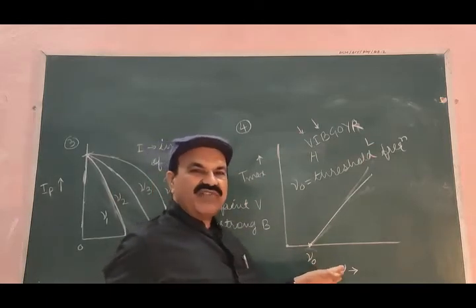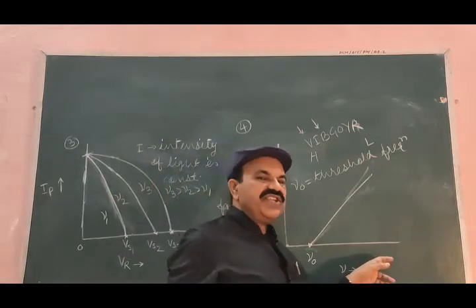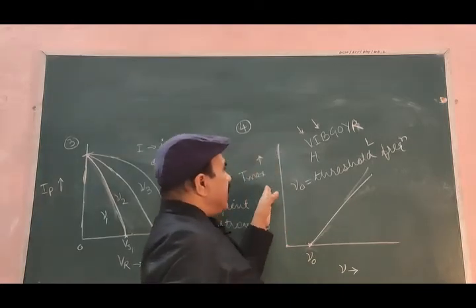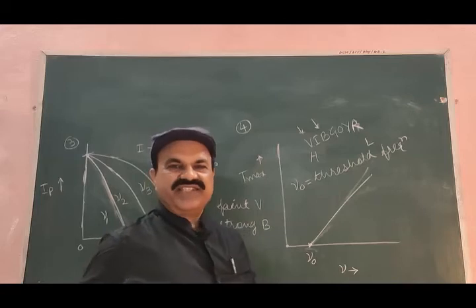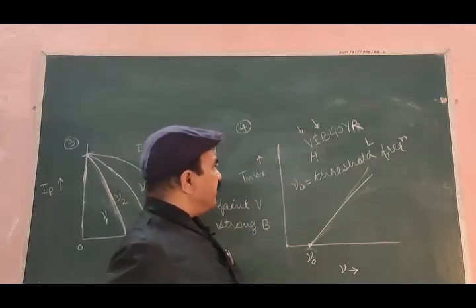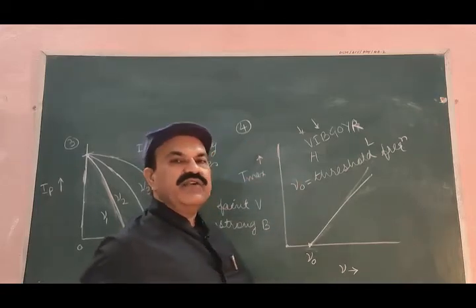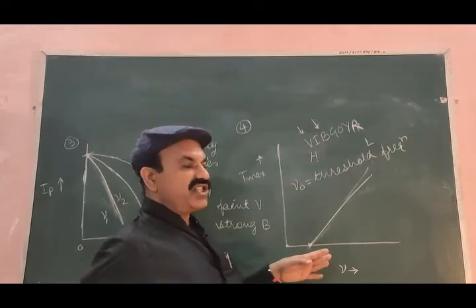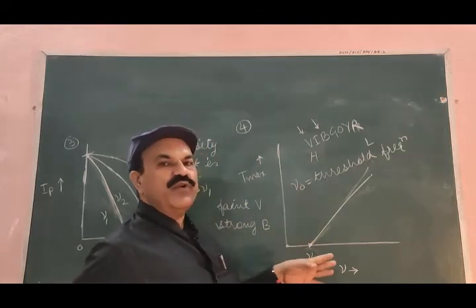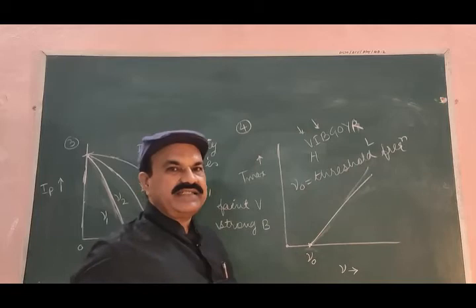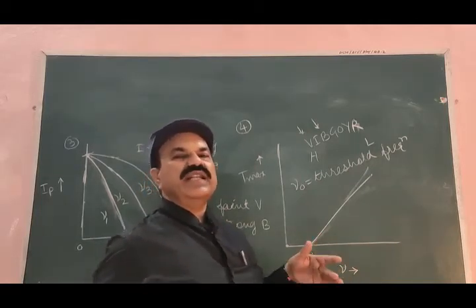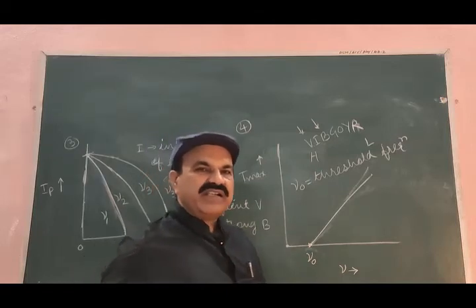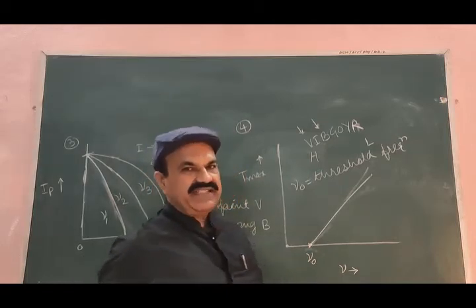And from this graph we see that as the frequency increases, the kinetic energy T max also increases. So the graphical relation shown in figure 4 verifies that the average kinetic energy of the photoelectrons is independent of the intensity of light.